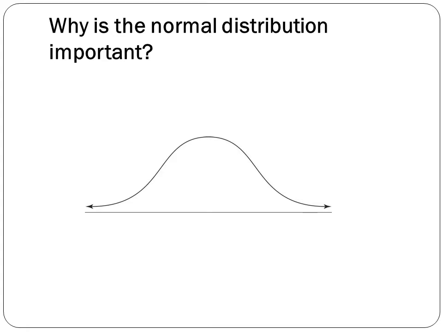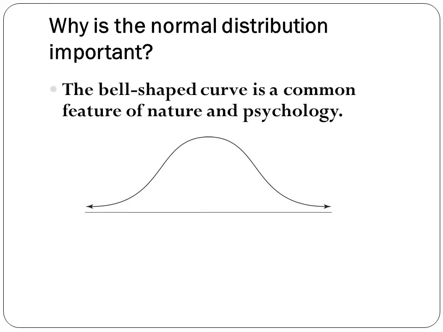So the next part is we have to know why it is important to deal with this kind of distribution. Why is the normal distribution important? It's important because this is used not only in our lesson when we talk about academic probability and statistics, but in terms of doing research in nature and psychology, this is very much used.